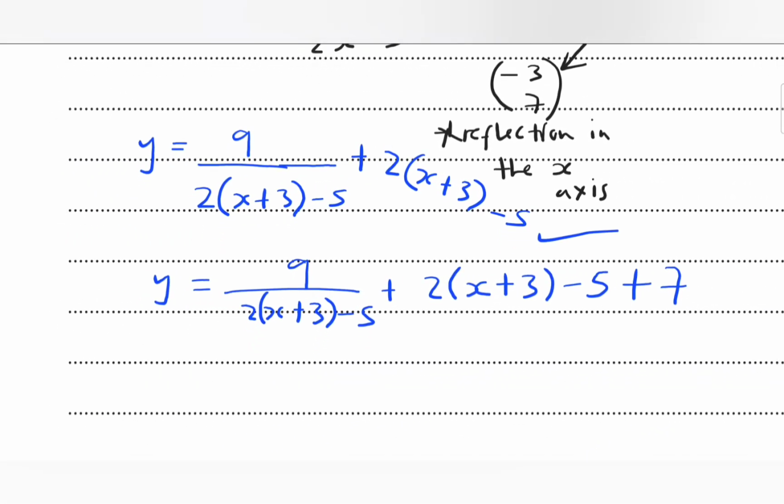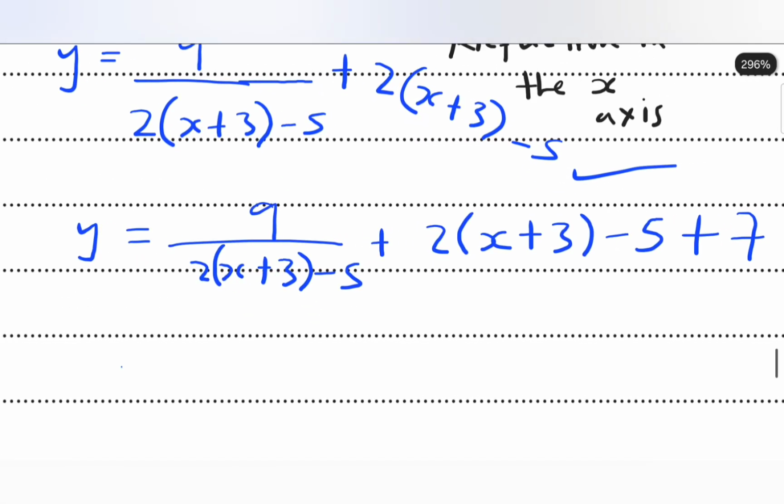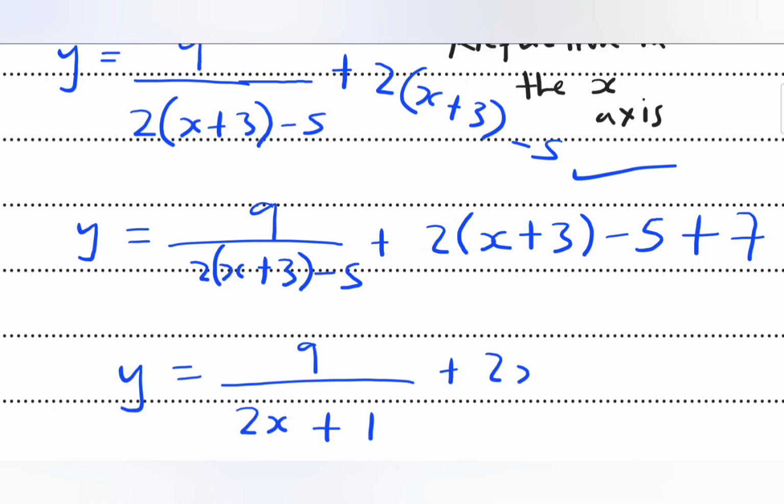So let's simplify this before we apply the reflection in the x-axis. So this will be y equals 9 over 2x plus 6 minus 5, that's 1, plus 2x plus 6 minus 5, that's 1, plus 7, that will give us 8.